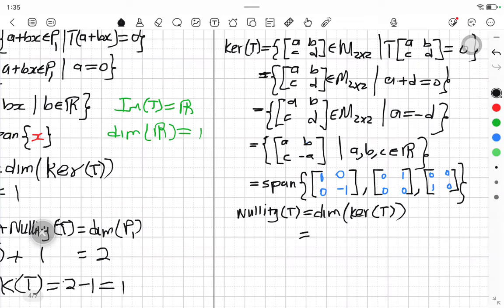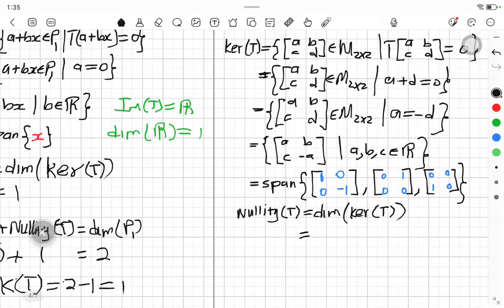Also is saying 3. Why are you saying 3? What's the reason you're saying 3? Isn't the nullity supposed to be the amount of elements in the span?